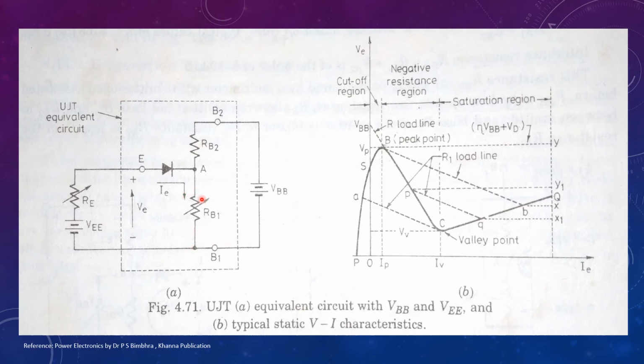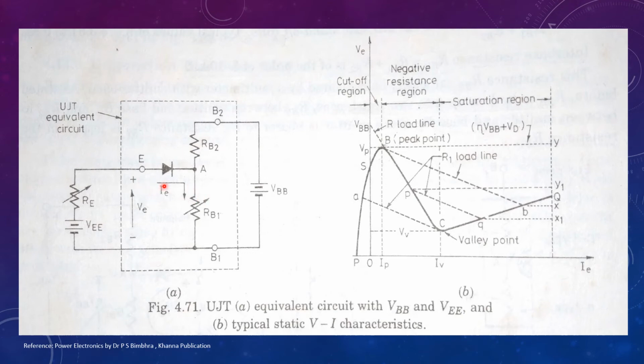As RB1 reduces, the potential VAB1 reduces. This drop in VA in turn causes VE, equal to VD plus VA, to fall. As VEE is constant, the fall in VE results in more emitter current, IE. As IE increases, more holes are injected into the base region, thereby reducing the resistance RB1.